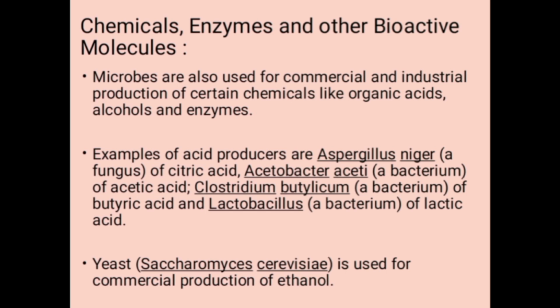Acetobacter aceti, which is a bacteria, produces acetic acid. Clostridium butylicum, a bacteria, produces butyric acid. And Lactobacillus produces lactic acid. And the yeast Saccharomyces cerevisiae is used for the production of ethanol.